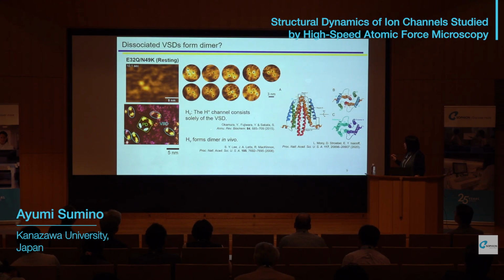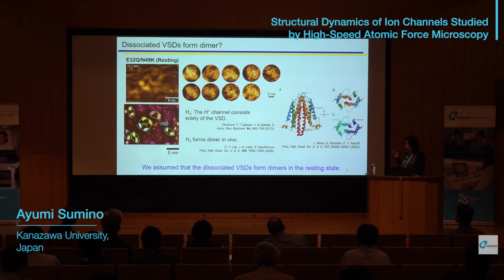Actually, the voltage-gated proton channel, which consists only of the voltage sensor domains, forms a dimer in vivo. So we assumed that the dissociated voltage sensor domains in the resting state can form dimers in the membrane.